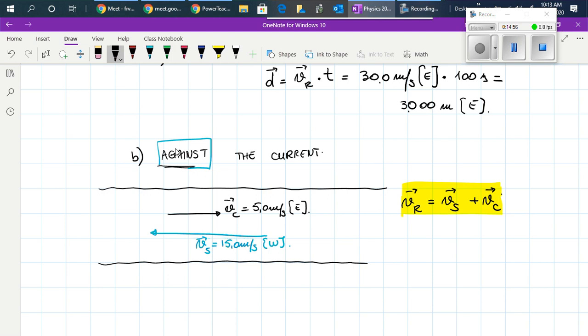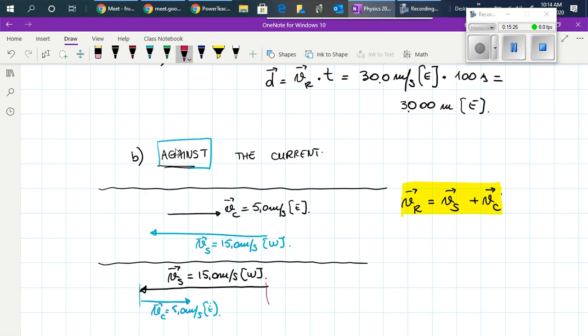So now graphically, it's something like this. We have the velocity of the swimmer as 15 meters per second going west. And then we have the velocity of the current that is 5 meters per second going east.